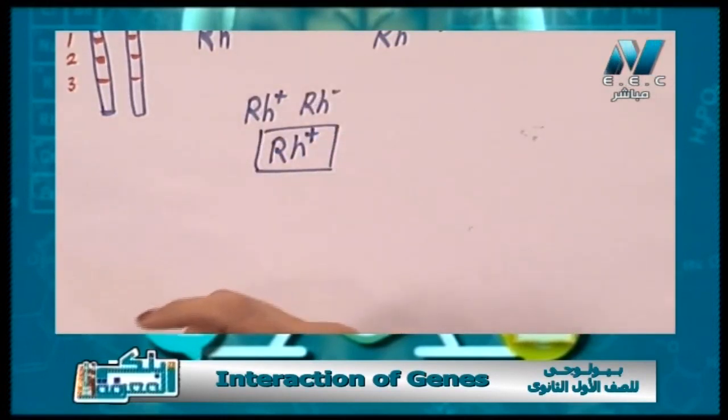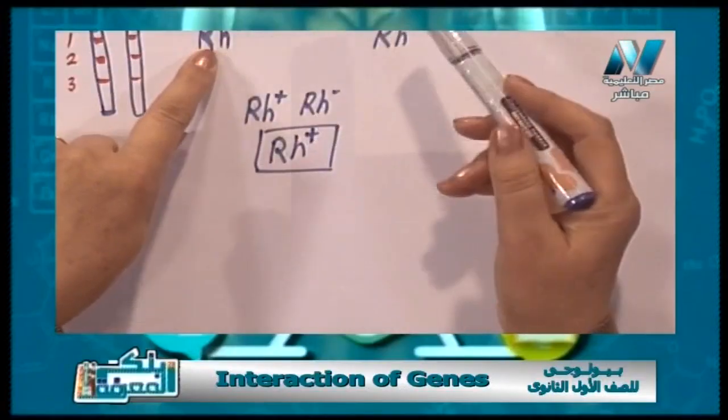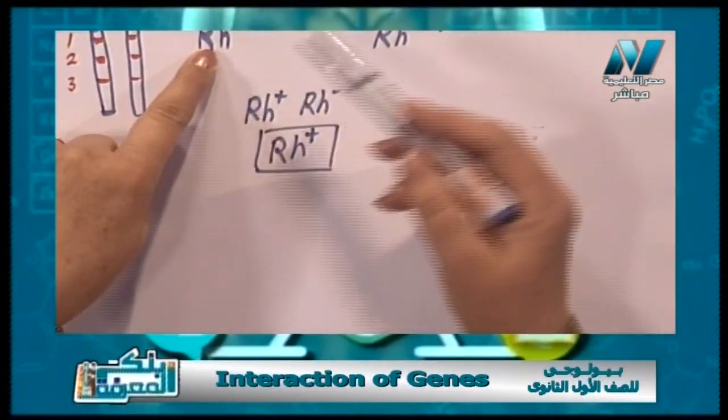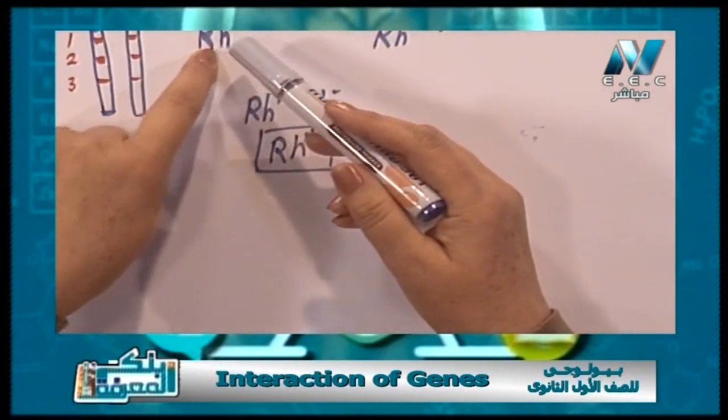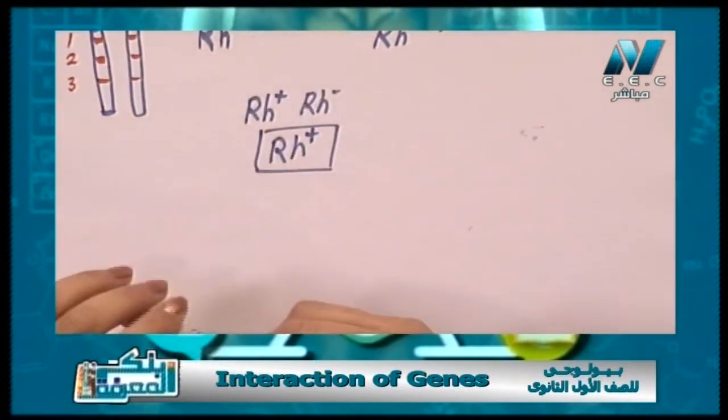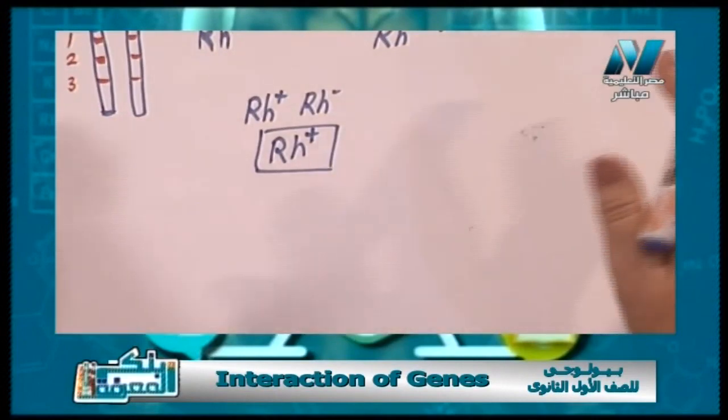My dear students, bear in mind that the person who is Rh positive and receives Rh negative blood does not produce antibodies against the Rh negative.